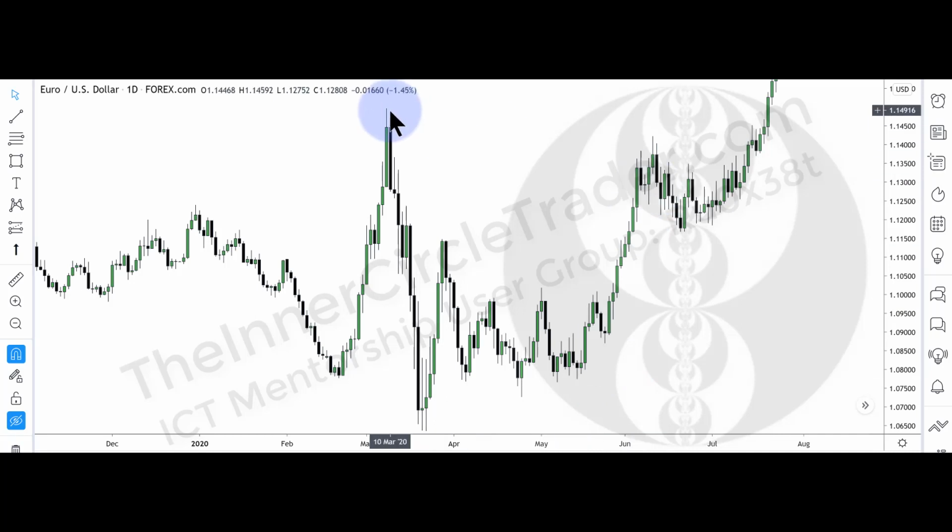Now, what happens if we don't trade above the high? Well, that's fine. We have a PD array that works with that. That's the rejection block here, the highest up close. Okay, so we'll refer to that. We're going to refer to the last up close candle as the bearish order block and the mean threshold of that range.